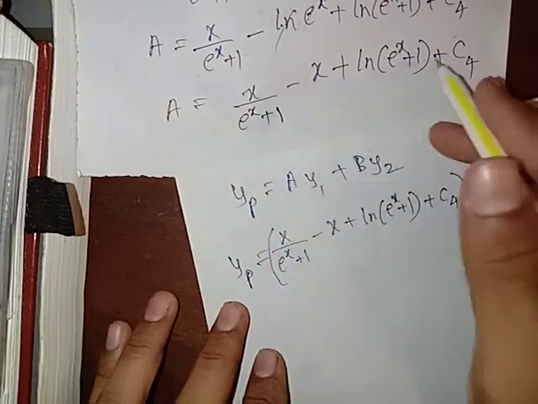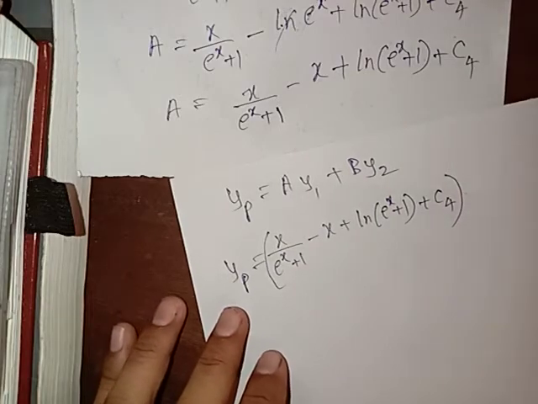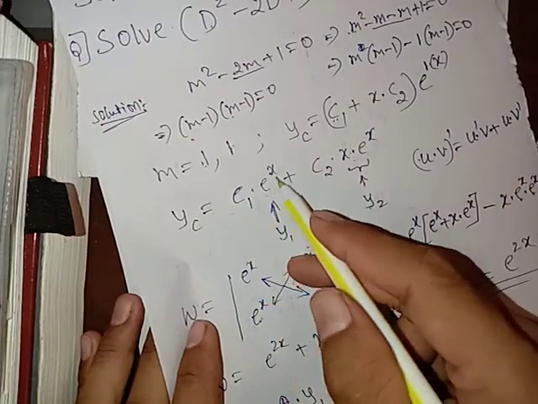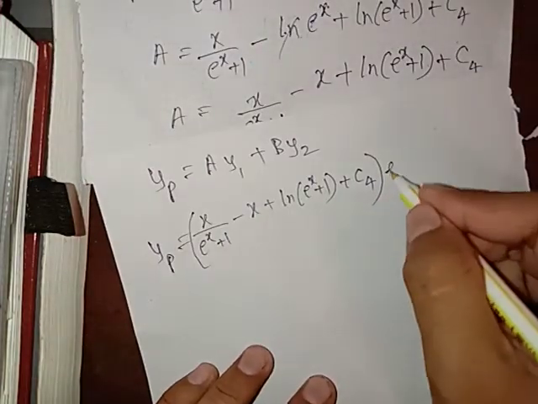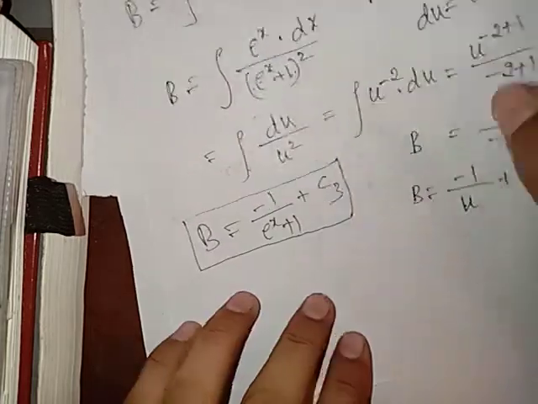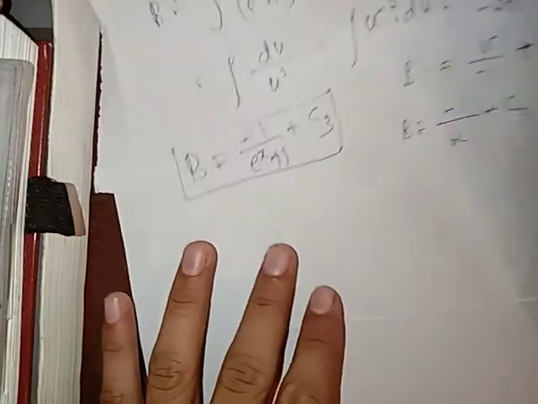This is the value of a into y1. What is y1 here? Here y1 means exponential of x, what we took first. So exponential of x plus, what is in the place of b? We get b is equal to minus 1 divided by exponential of x plus 1 plus c3.